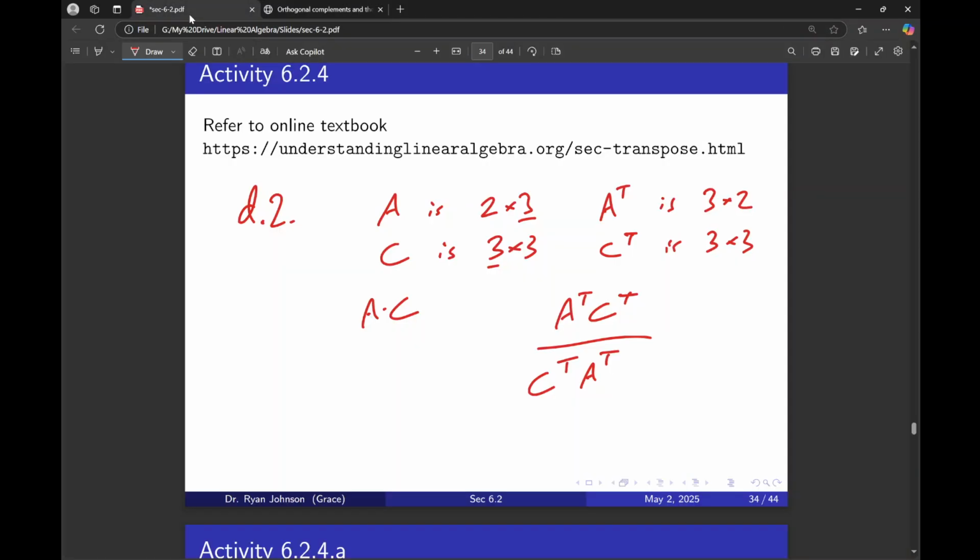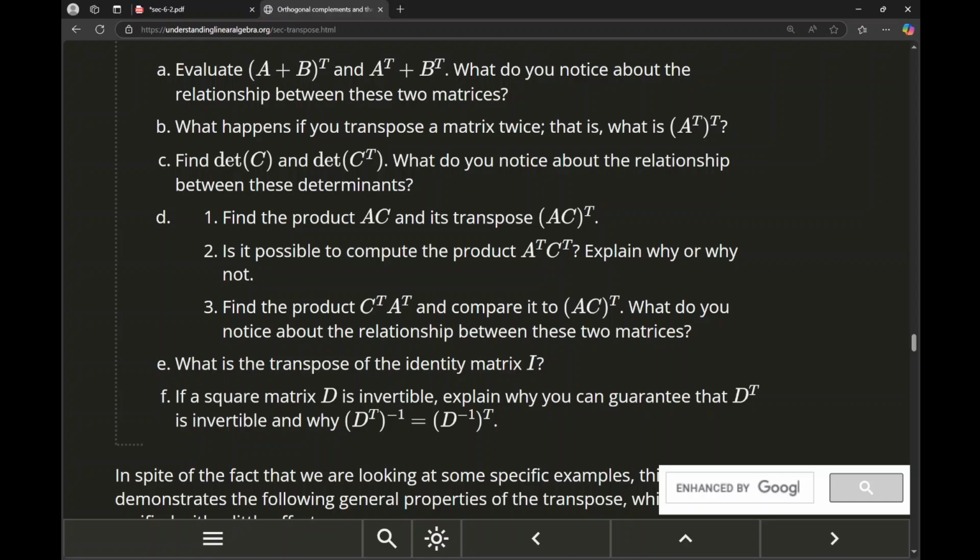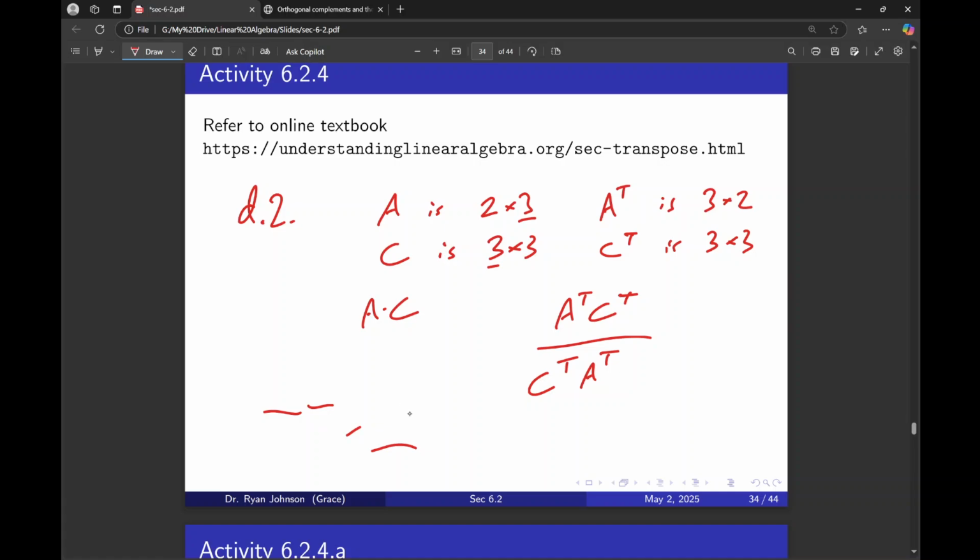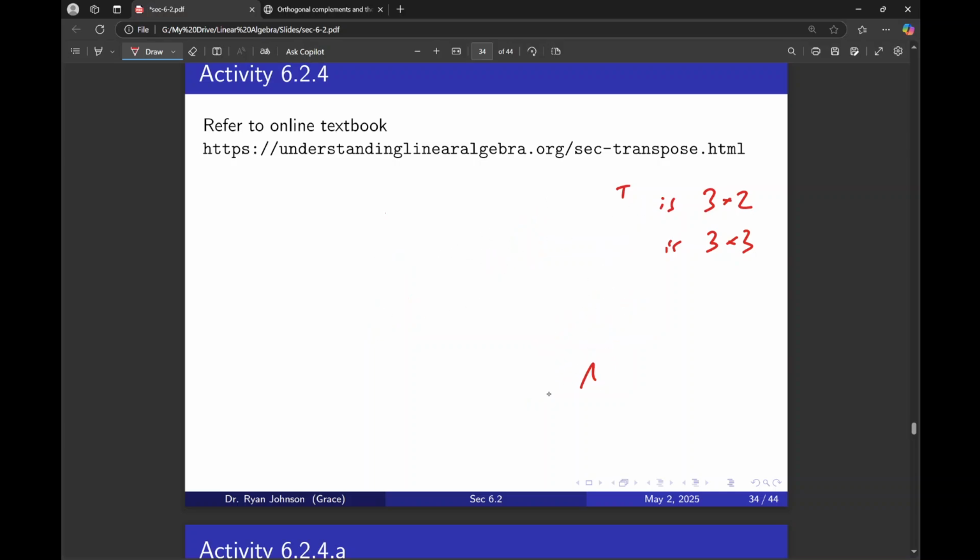And then the identity transpose is just the identity, right? Now this last one, you can't really do with Sage.